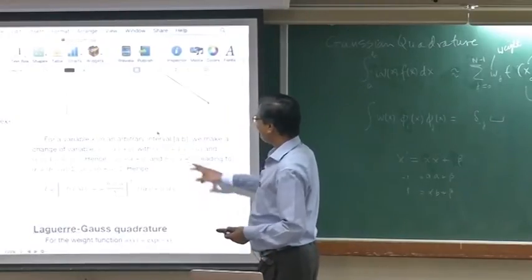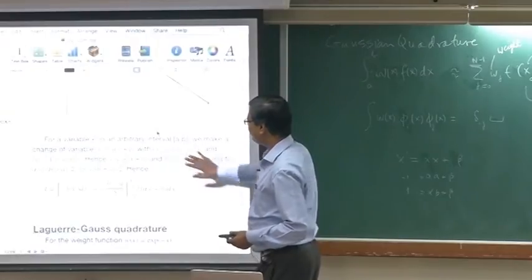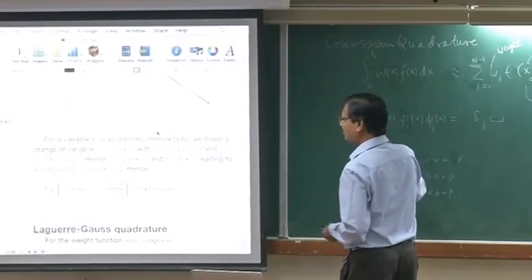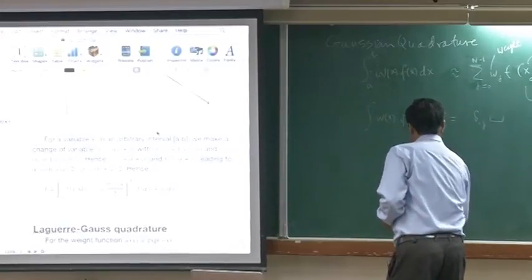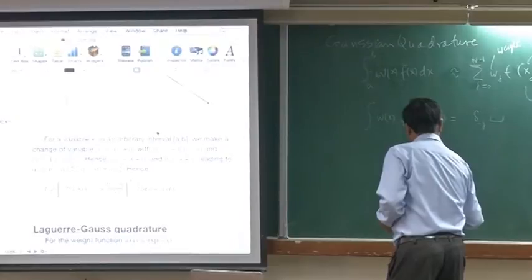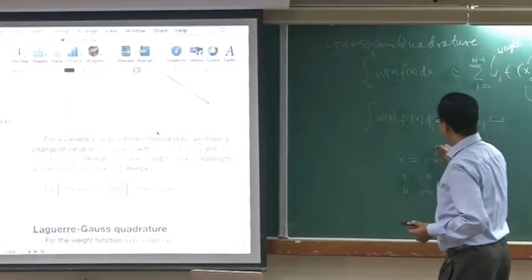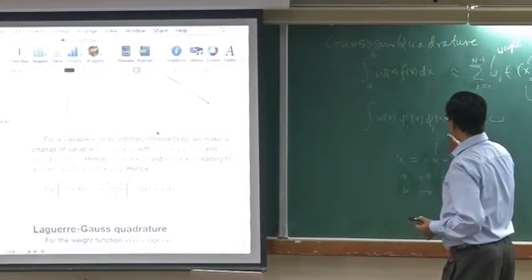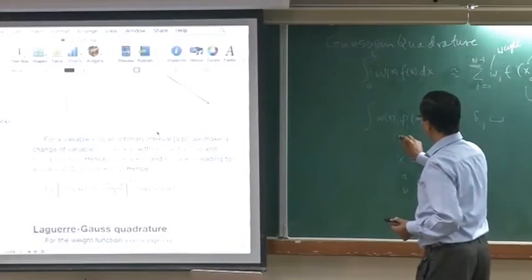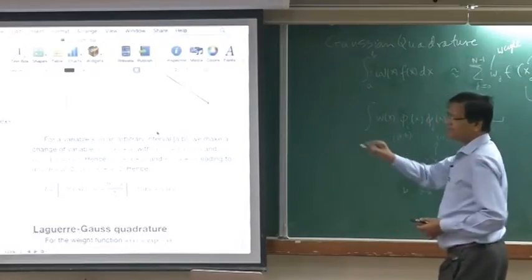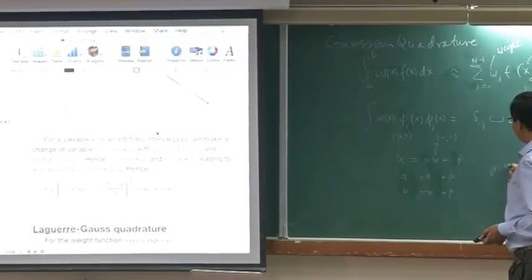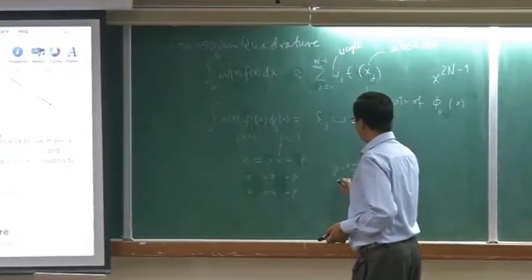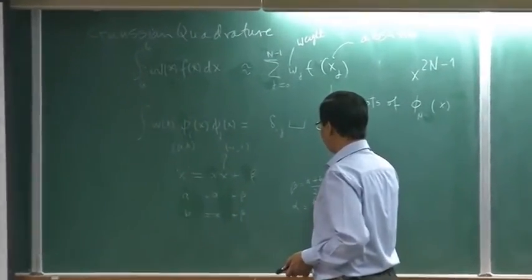So x is the variable that goes from minus 1 to 1 and this goes from a to b. It's typed incorrectly. So now I can easily solve for alpha and beta. So beta is (a plus b)/2 and alpha is (b minus a)/2.